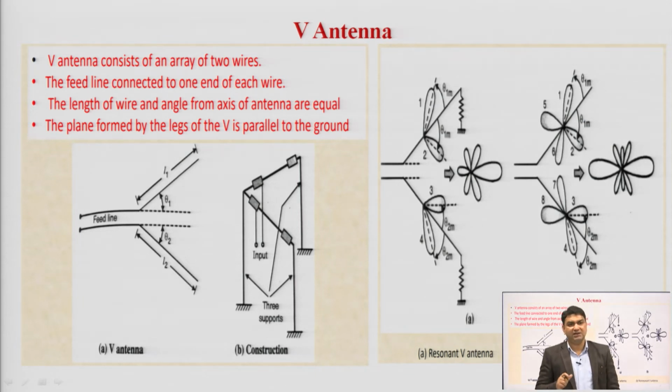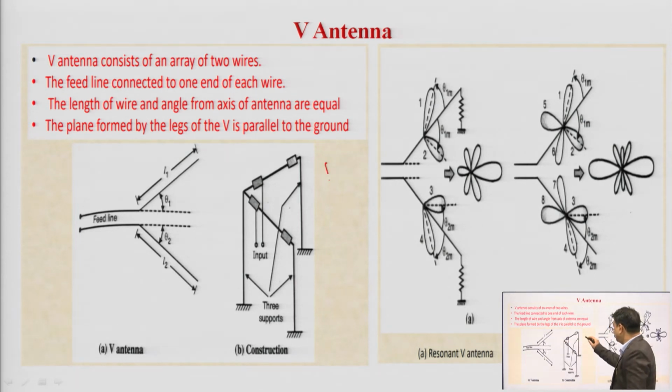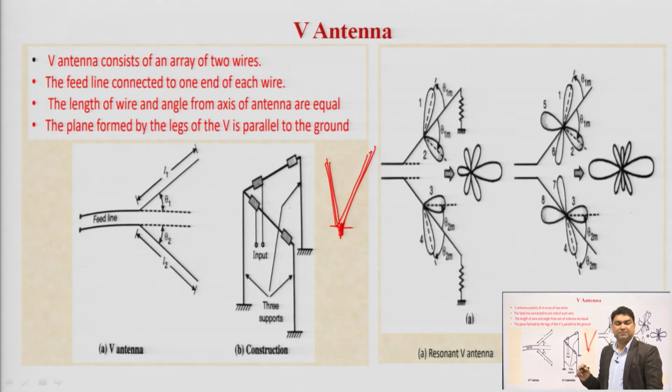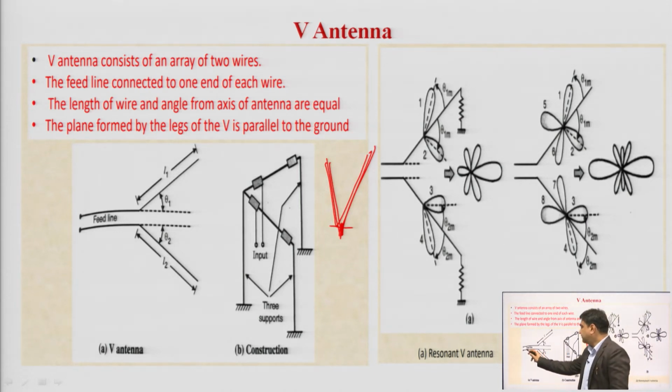V antenna means a single wire which is given the shape of a V, and here you can see that this is the feed line and the wires are adjusted like this to form the shape of a V.